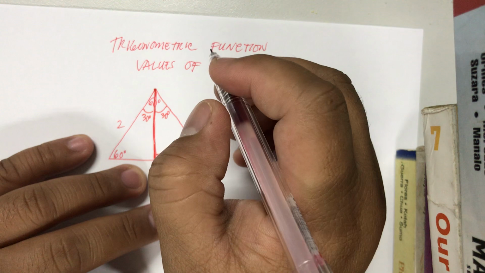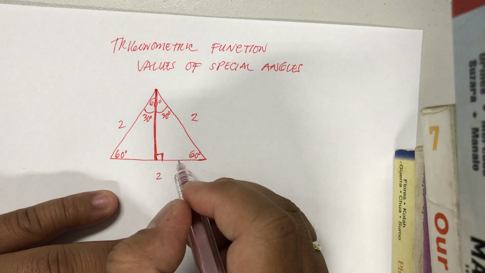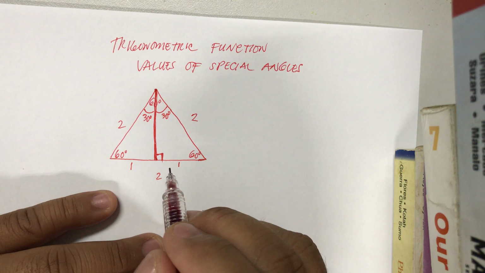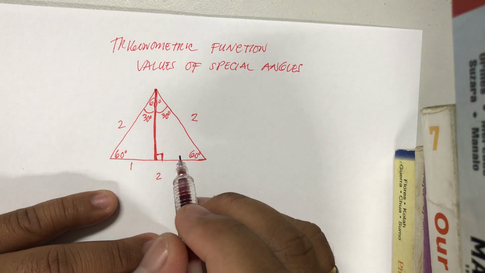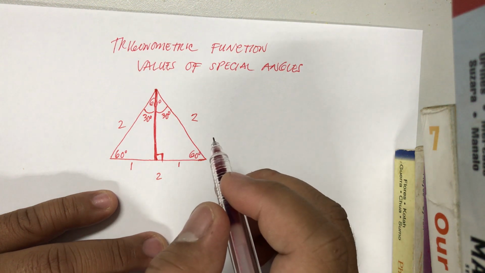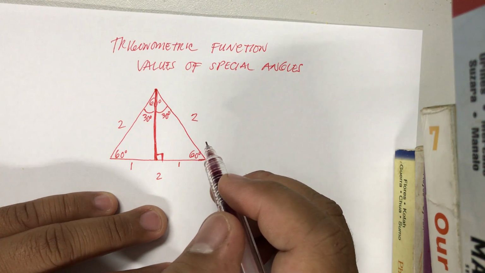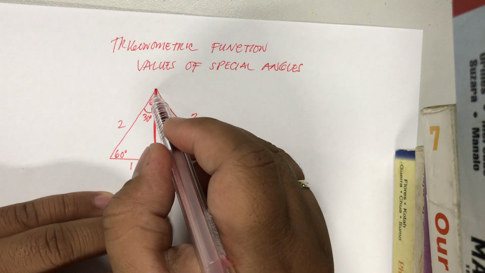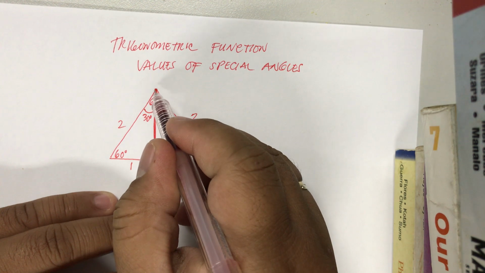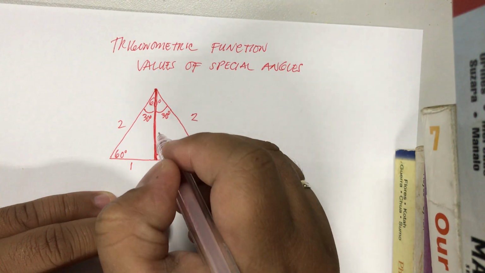And if this side of the triangle measures 2, each of these sides right now will measure 1, since it is a perpendicular bisector. And using the Pythagorean theorem, the most used theorem in geometry and also in trigonometry, the measure of this side, which is actually the perpendicular bisector of the equilateral triangle, would be square root of 3.